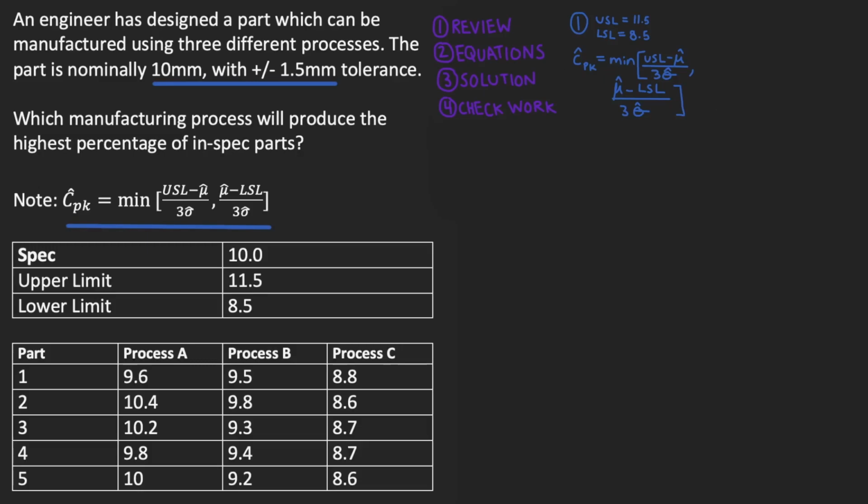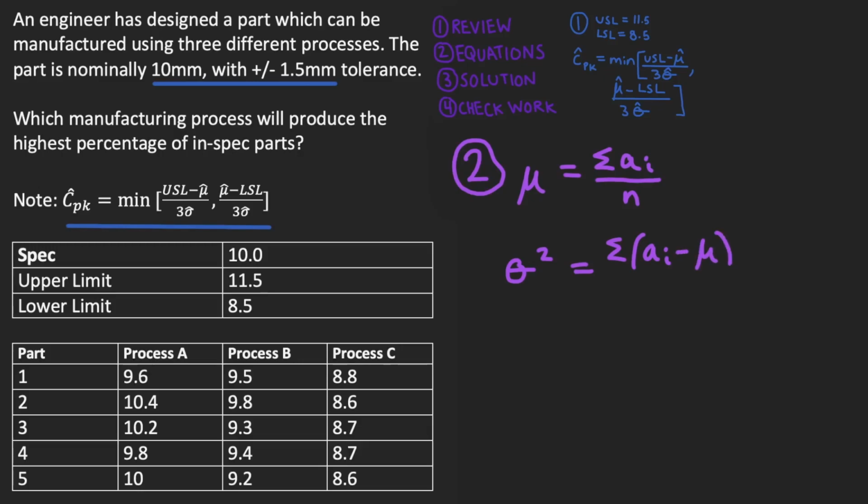Mu is equal to the sum of the entries in the data set that we're looking at divided by the number of entries. And sigma is our standard deviation. To find sigma, we're first going to need to find our variance, which is the sum of our entries minus our average squared.